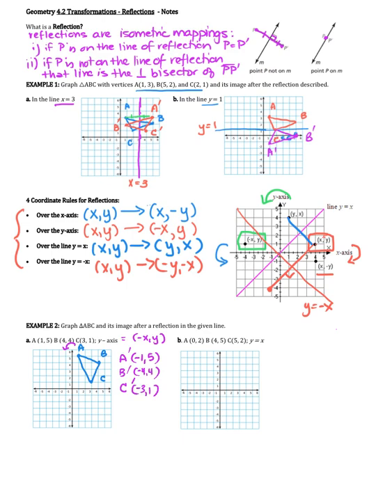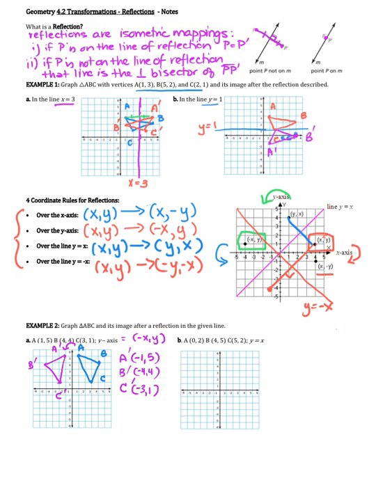So (-3, 1) is going to be our C prime, (-4, 4) here is going to be our B prime, and A prime is going to be right on the other side. So here's A prime, and there's a reflection over the y-axis.